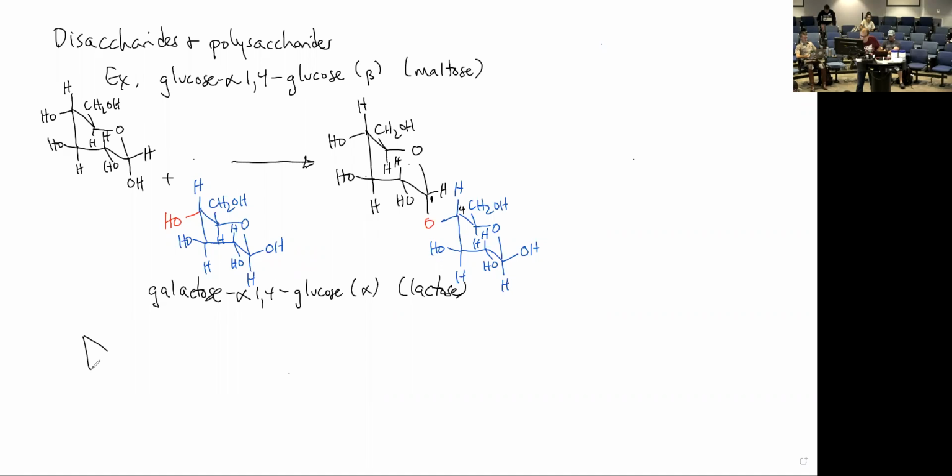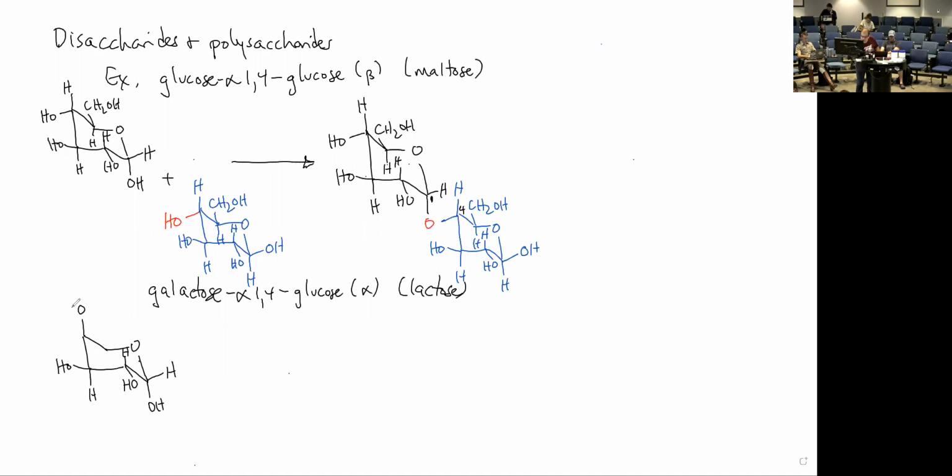So the first one's going to be galactose. And that one is going to be alpha. So whoops, that's not alpha, that's beta. And I don't expect you to memorize, but I've drawn it enough times that I know that galactose is like glucose, except it differs at carbon 4.